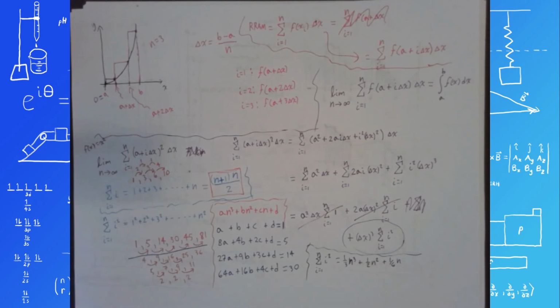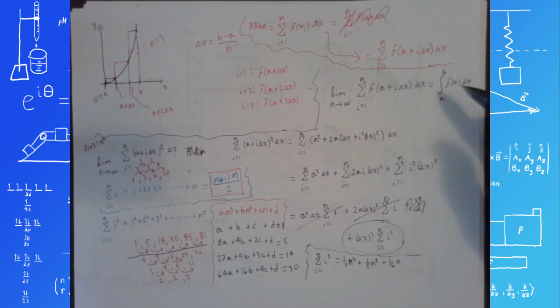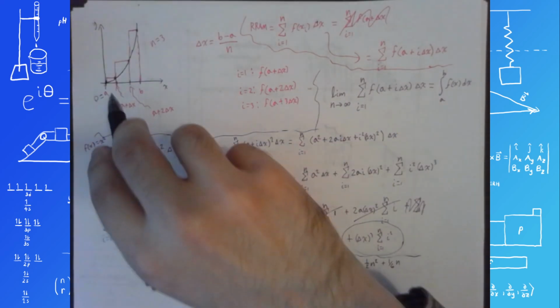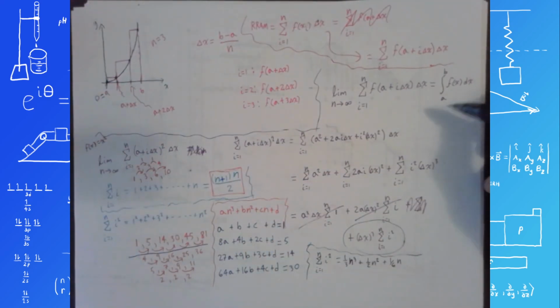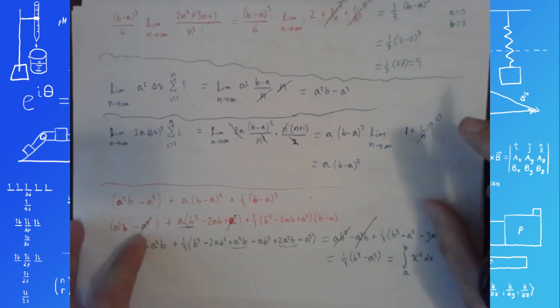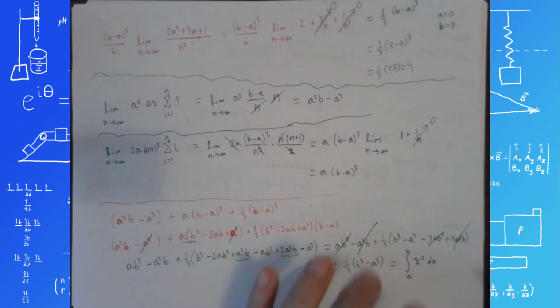But yeah, those really small deltas basically turn into this dx in the integral form of this sum, and the integration bounds, the interval over which you're calculating the area, become the bounds of this integral. And then inside of that, you have this function.